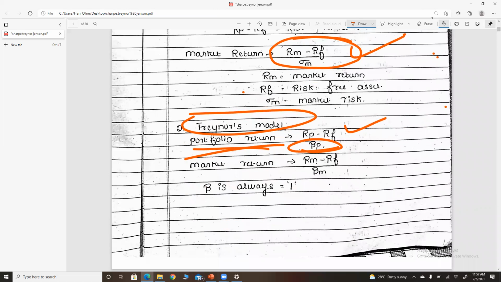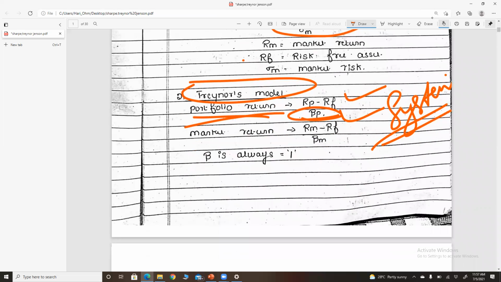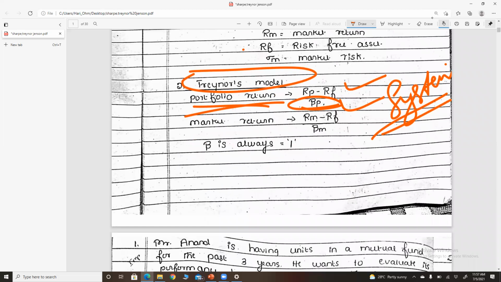Here in Treynor's model, Treynor is going to use only systematic risk. Then you can see a small change in the formula: RP minus RF, same, divided by beta, only systematic risk. Again, for market return the same way, RM minus RF divided by beta M, that is beta of the market.